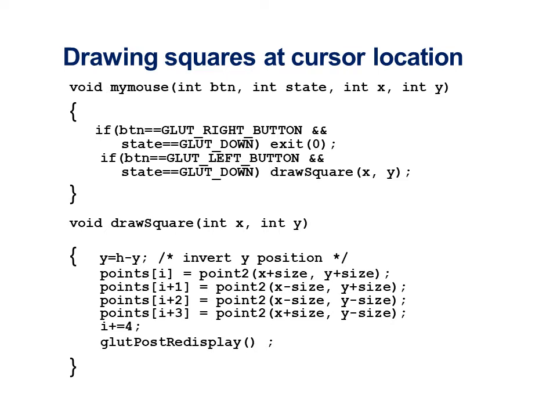Wherever the mouse is present, that x and y is captured and sent to a function called draw square. In draw square, we can go for drawing a square by making use of 4 points. We should make use of an array, and we have to make use of a point function which will take the values of x and y, add them with the size and store them in an array.